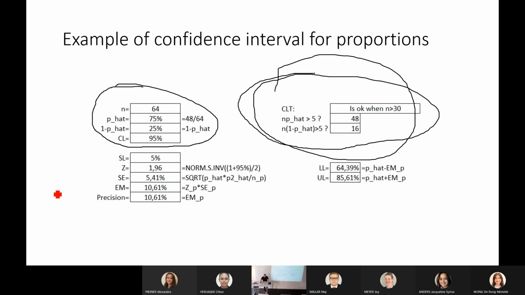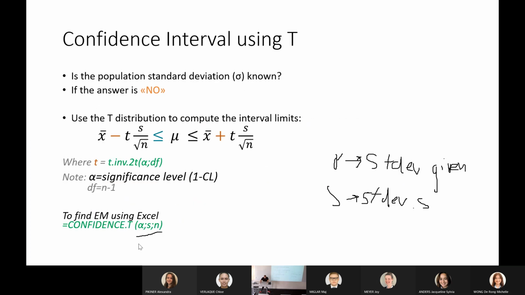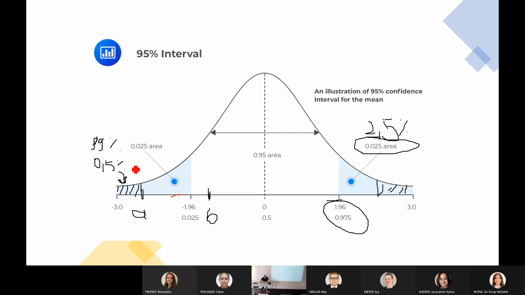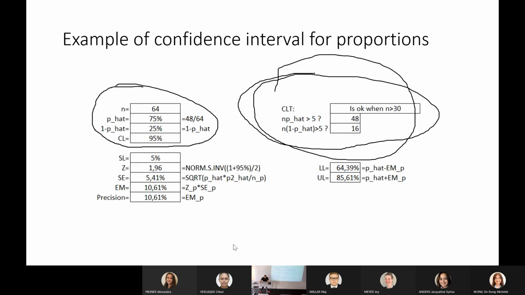In this case, we will use Z distribution, so standard normal distribution once again. So do you still remember 1.96? Yeah. Good, then I don't need to explain. It's just the point on the x-axis of the standard normal distribution.